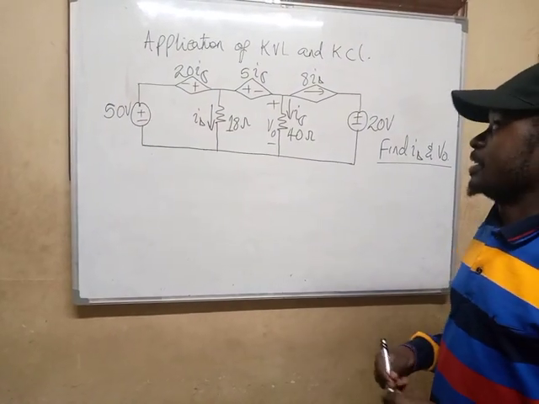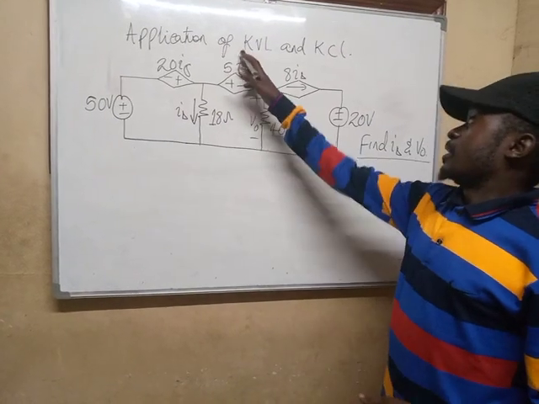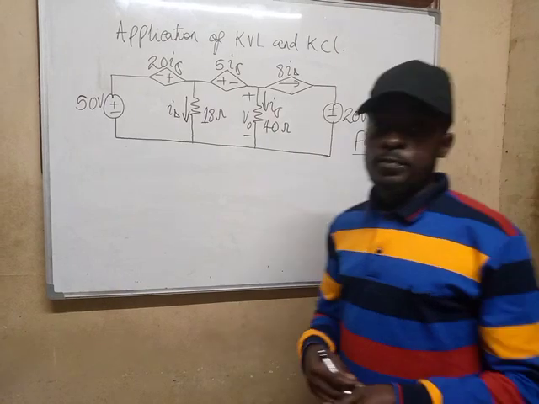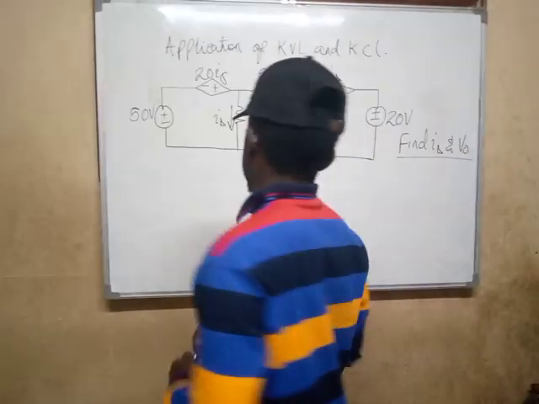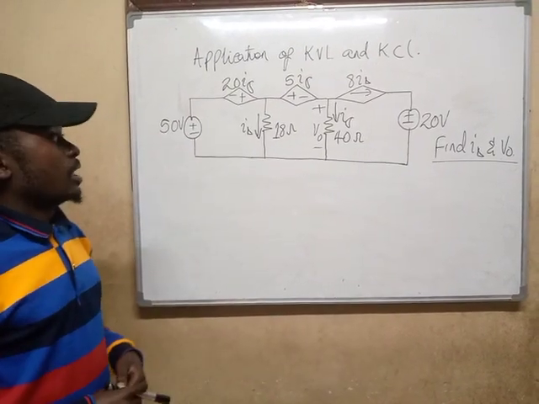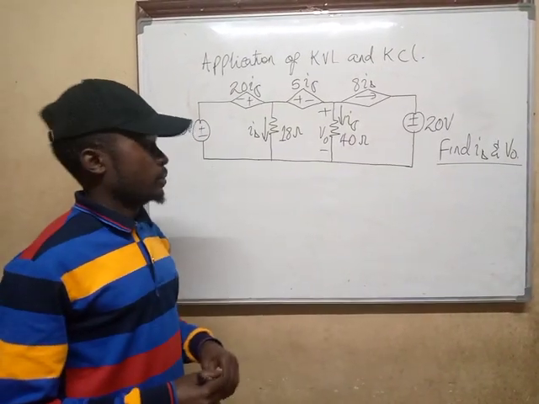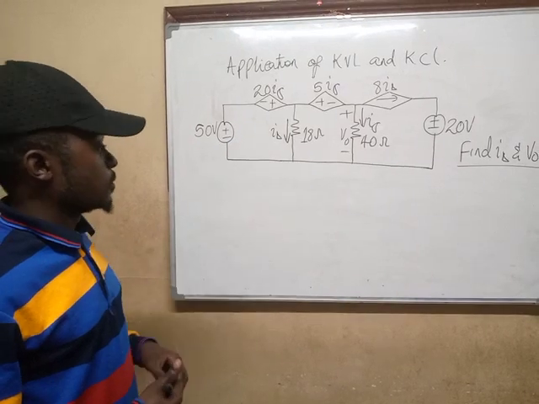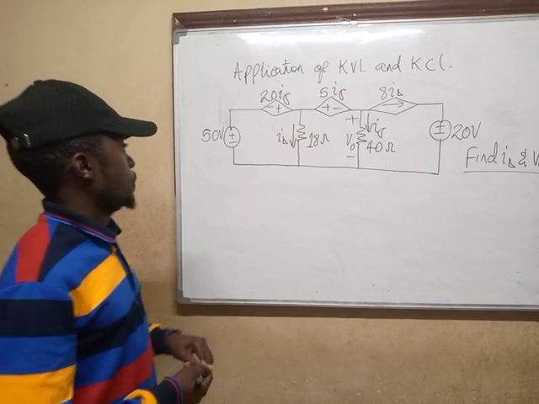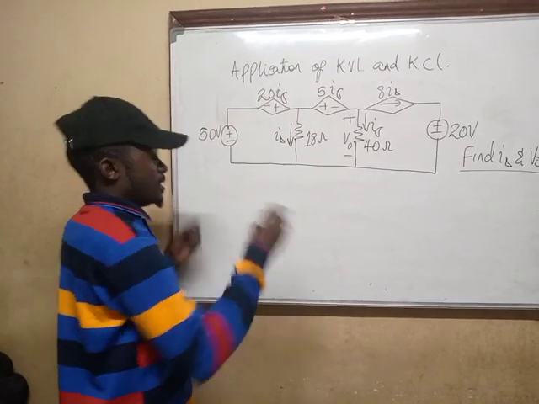To start with, KVL, or in other words, Kirchhoff's voltage law. It states that the summation of the voltage across a loop is equal to 0. So what is a loop?